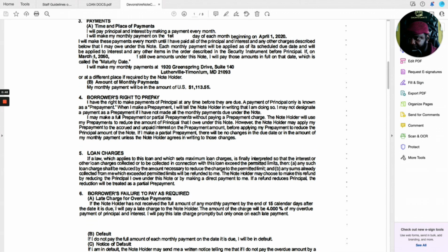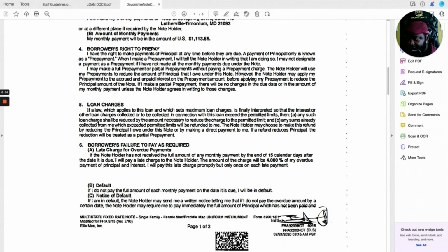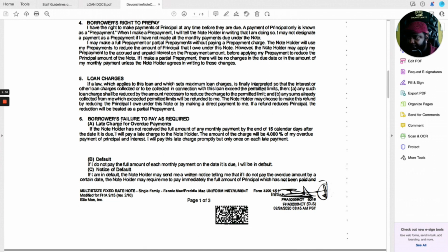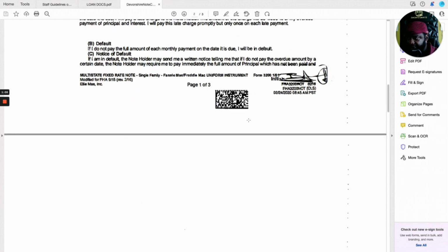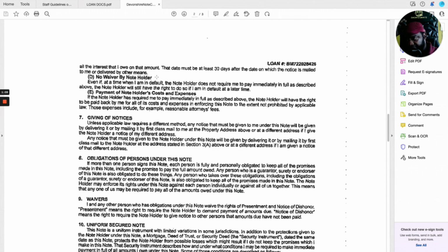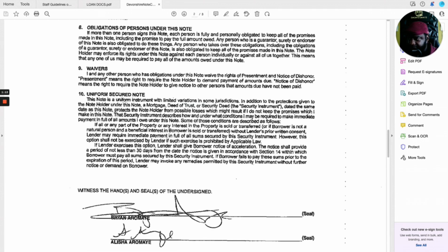Here goes the maturity date, the first date the payment is supposed to begin, or is supposed to be due every month. Borrower's right to repay, loan charges, all this good information, right? You've got a little signature over here, initials, notice, blah, blah, blah, uniform secured note.